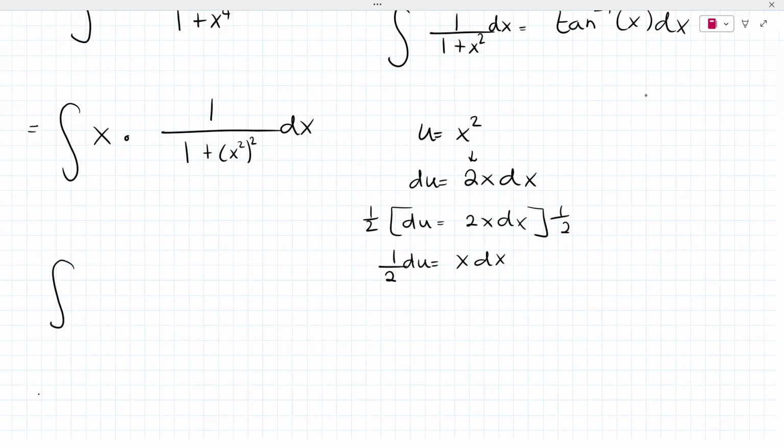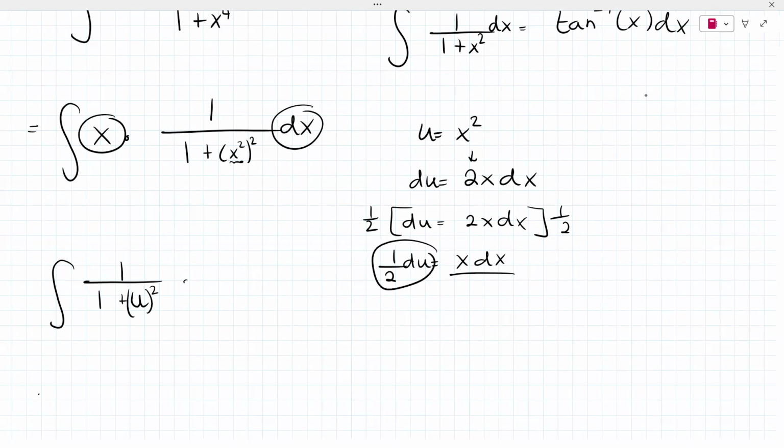So we have 1 over 1 plus, replacing x squared with u, u squared, and then we replace this x dx with 1/2 du.